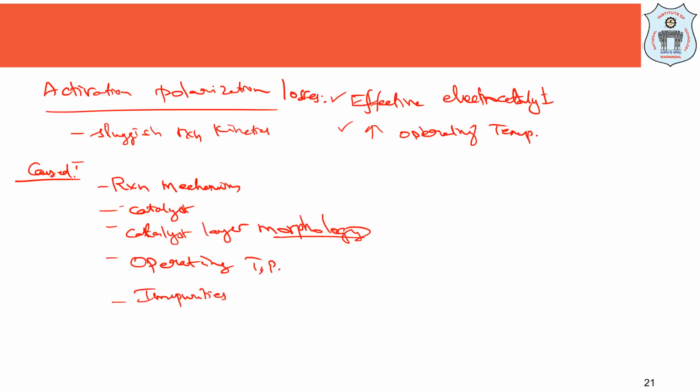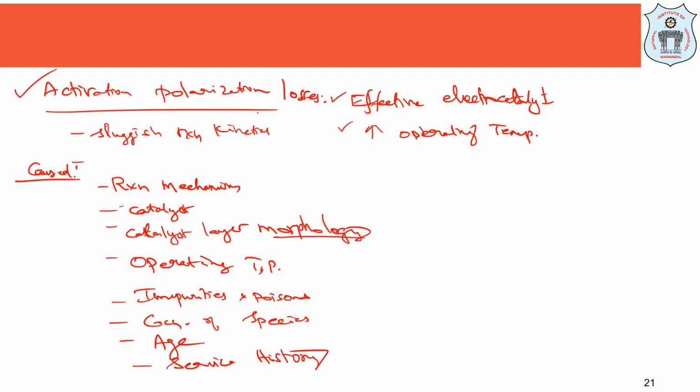If hydrogen and oxygen are used, we have fewer impurities. Also the catalyst poisons involved, and the concentration of the species involved, which can be reactant, product and so on. And what is the age of the catalyst or the fuel cell setup, the service history. All these contribute to activation polarization losses.